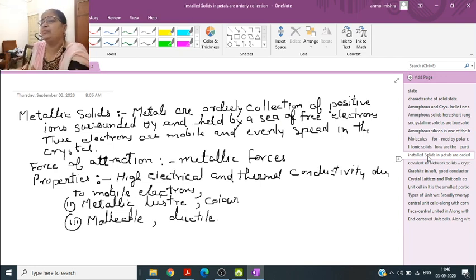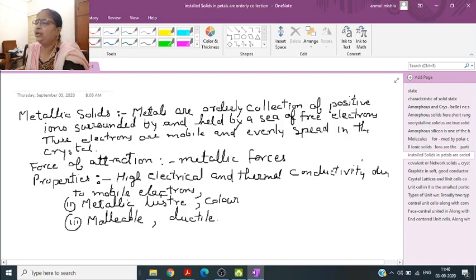Next is metallic solids. Metallic solids are formed in metals. Now metals, all of you know, are an orderly collection of positive ions surrounded by and held by a sea of free electrons. These electrons are mobile and evenly spread in the crystal. The force of attraction is metallic forces.